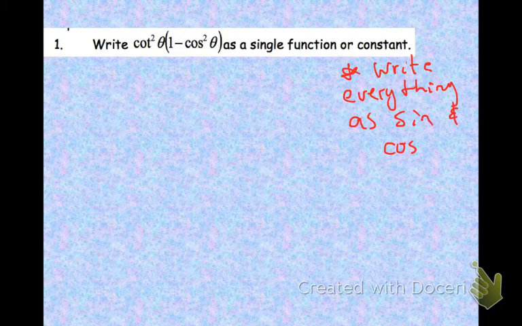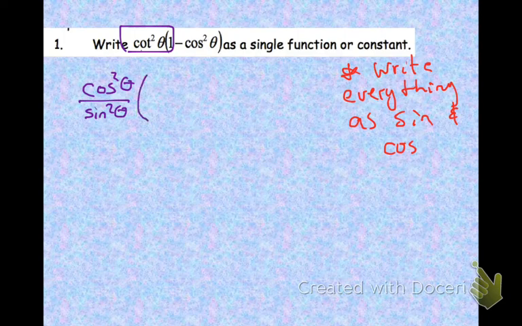So we have cotangent squared theta. Well, we know that this piece here is going to be cosine squared theta over sine squared theta. And we're multiplying that by, well, 1 here.